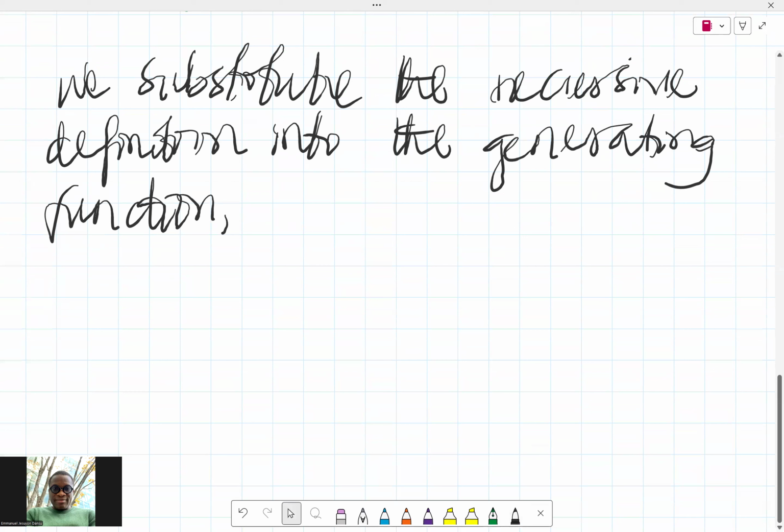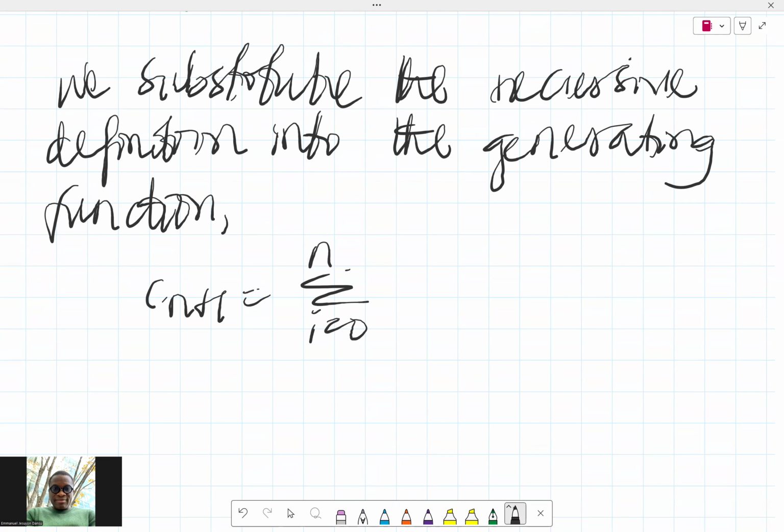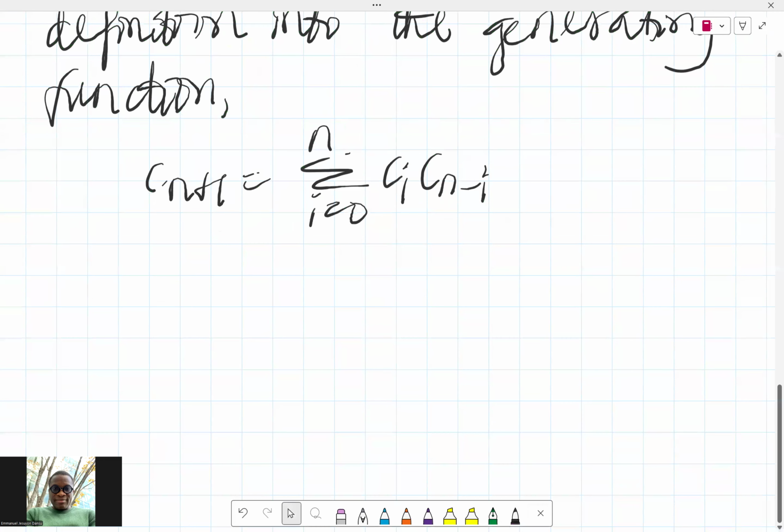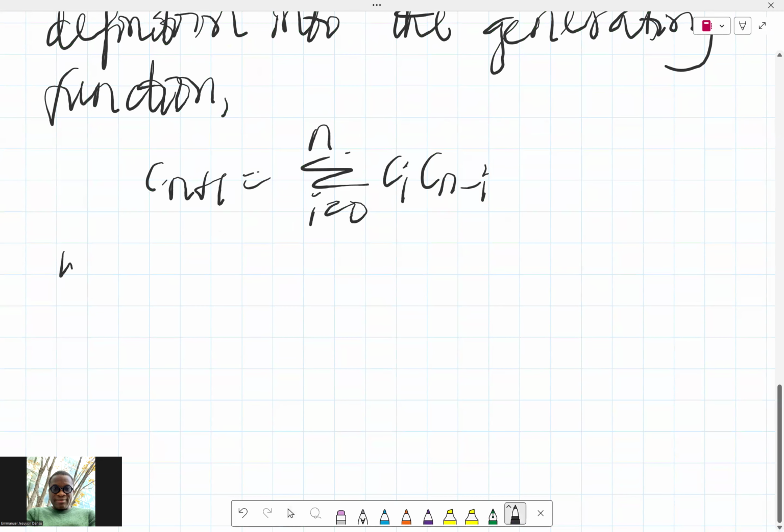And that means we have C n plus 1 equals the summation from i equals 0 to n of C i C n minus i.